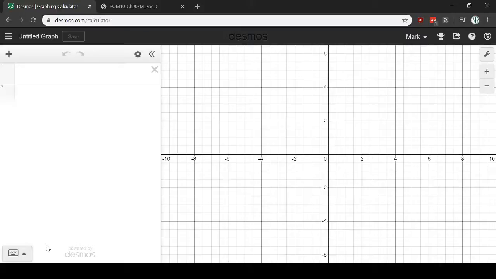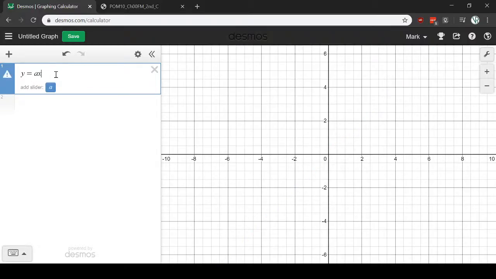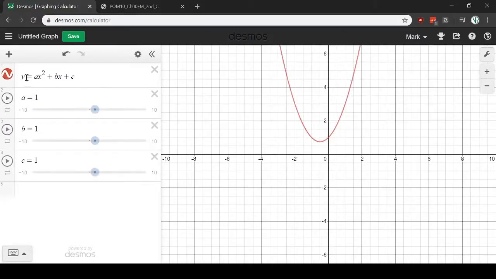So we're moving away from lines, and these parabolas have equations that are y equals ax squared plus bx plus c. This is our standard format for it.